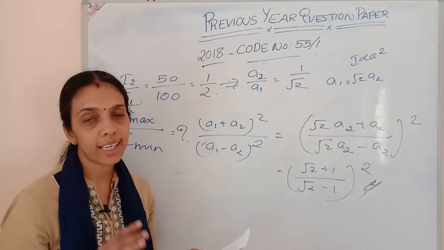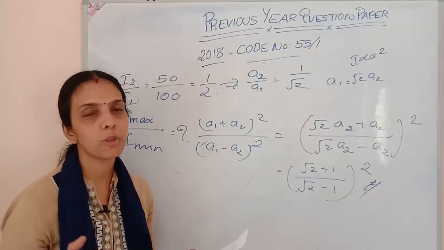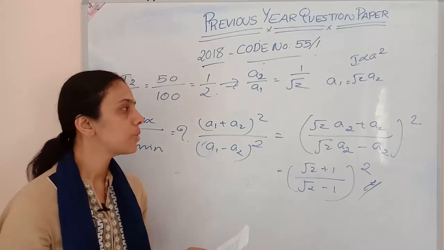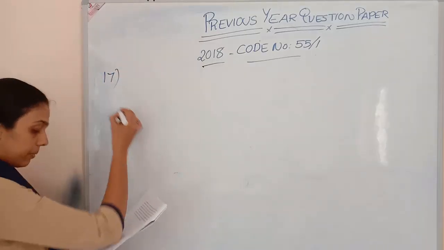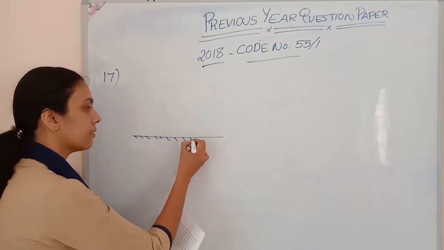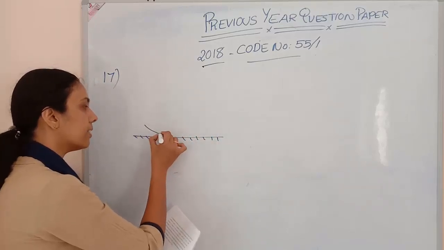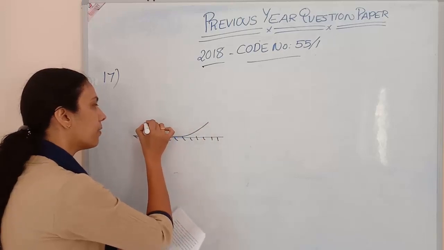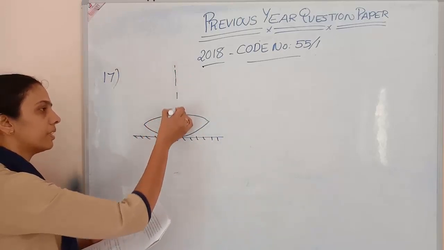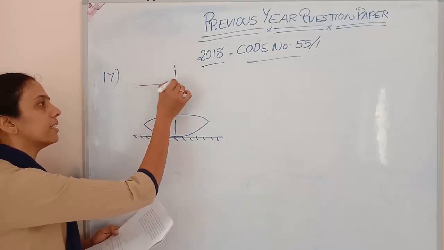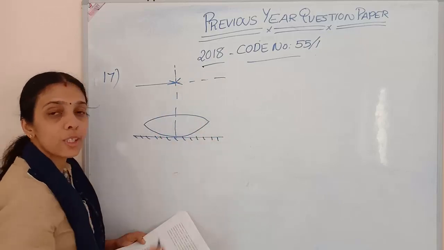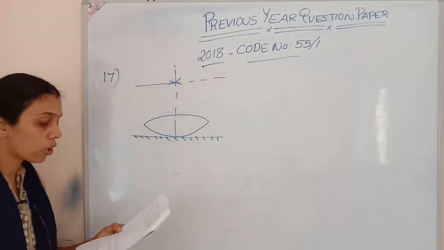So this is a liquid lens apparatus, and in terms of x and y we should give an expression. The diagram is given like this. This is the plane surface, here a convex lens, and from here this is the needle. We consider when liquid is present and when liquid is not present.